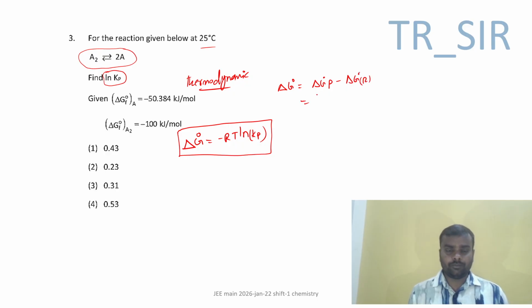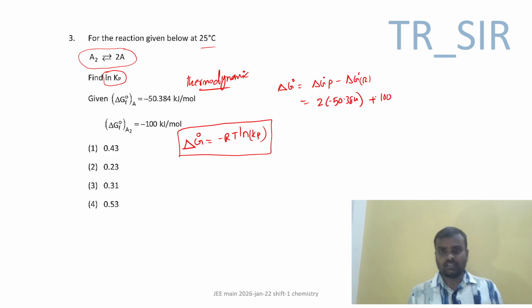Now the product is 2 times of A, so 2 into minus 50.384, minus of minus plus, that is only one time of A, that is 100.